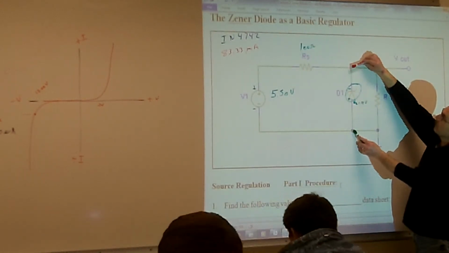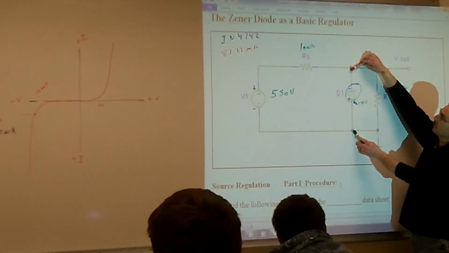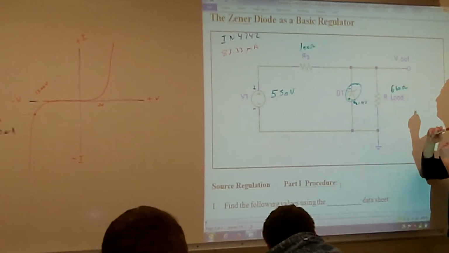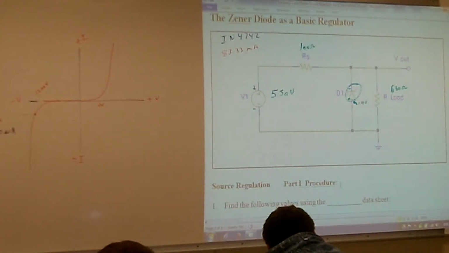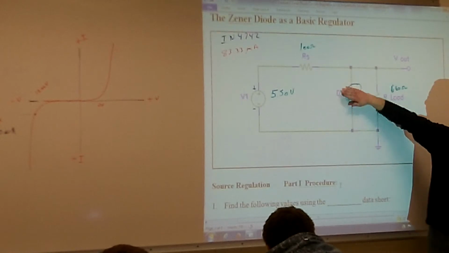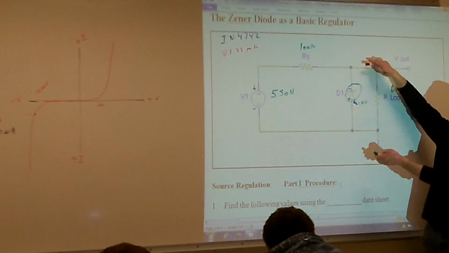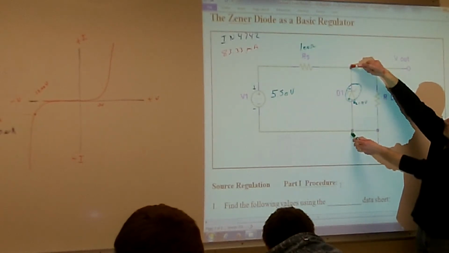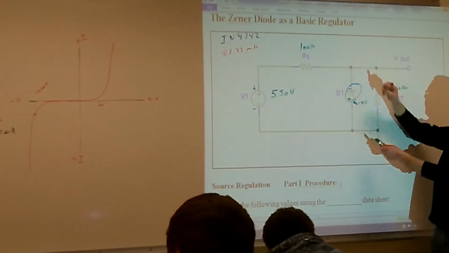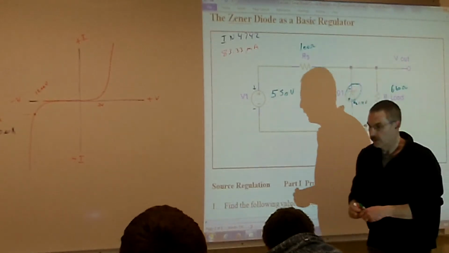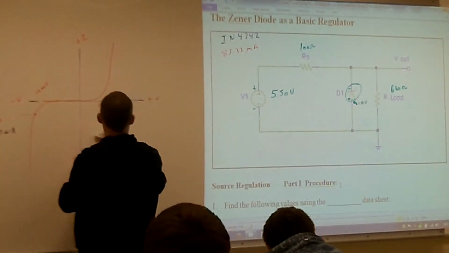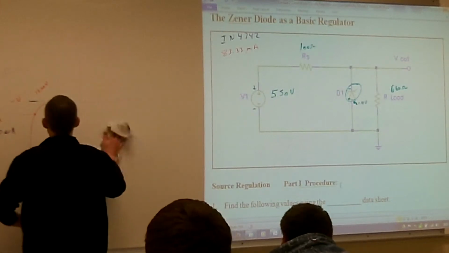So what would be my soft voltage on my cathode side of my Zener? Positive 5.5. So we treat the Zener as an open, right? And what would I measure for my voltage at this point then? 5.5. Okay, so let me redraw our equivalent circuit here.